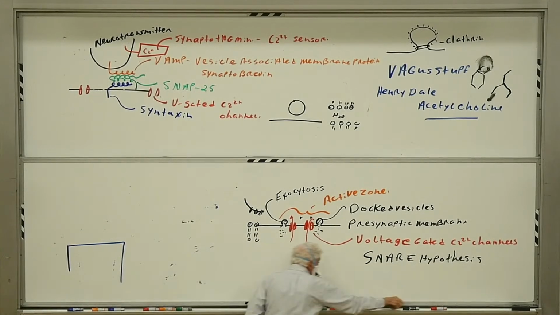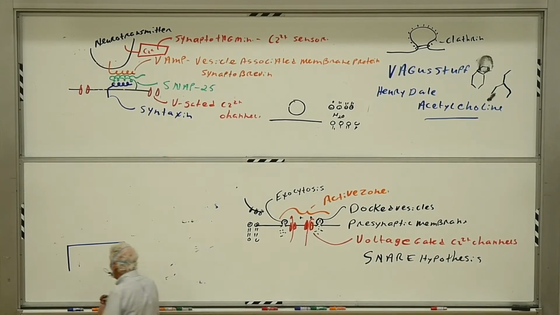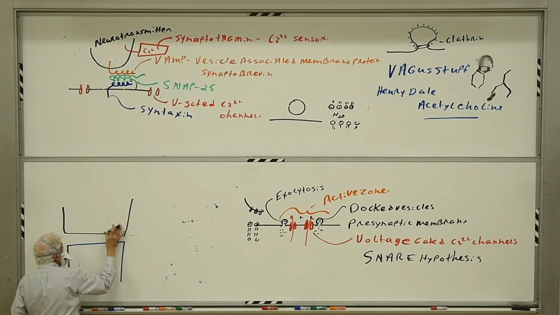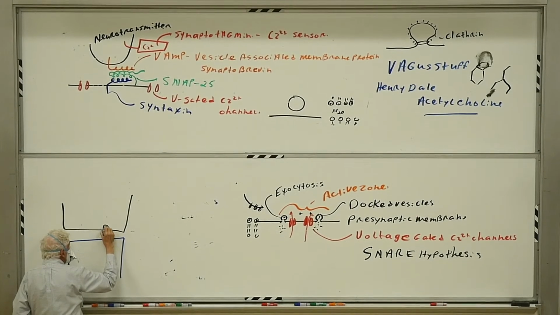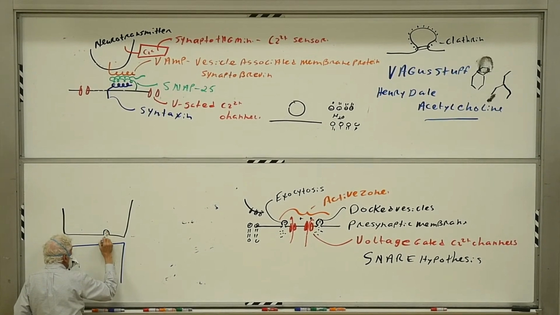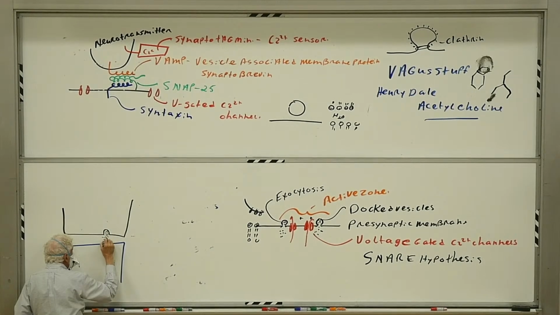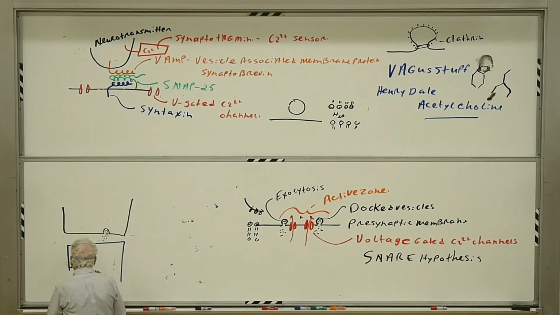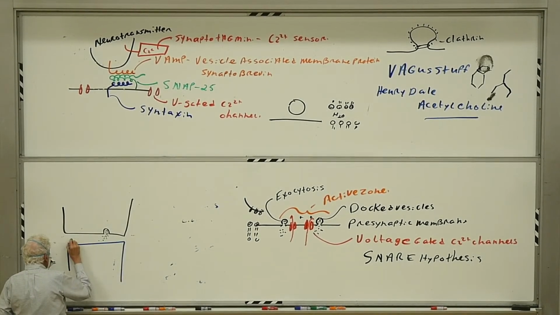So if this is the postsynaptic membrane here, and the presynaptic membrane is found here, I won't go through all the details again, but when the synaptic vesicle fuses with the plasma membrane, the 5 to 10,000 molecules of neurotransmitter that were inside the vesicle are released to the outside world. Then here on the postsynaptic membrane are going to be hundreds of these channels.